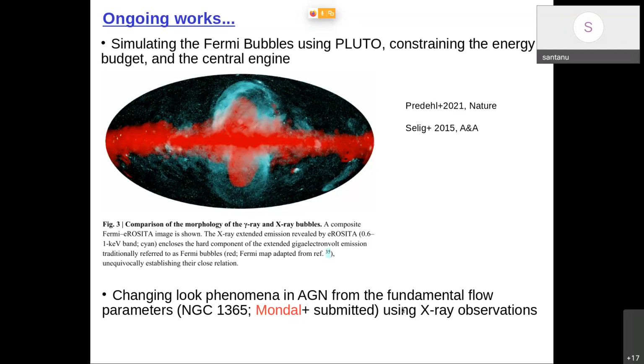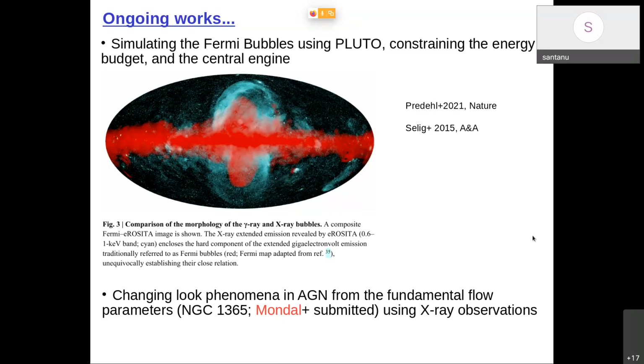Along with this, I am also trying to see how the changing look phenomena in active galactic nuclei occur from X-ray observation. So recently I studied NGC 1365, and we saw that the accretion rate change can show this type of changing look behavior, where we can see this change in column density or absorption line features.